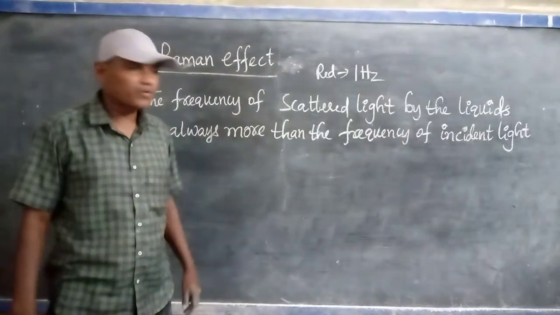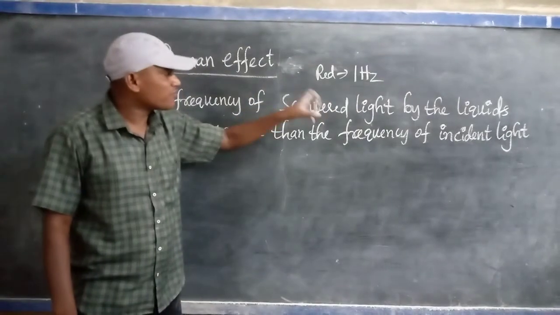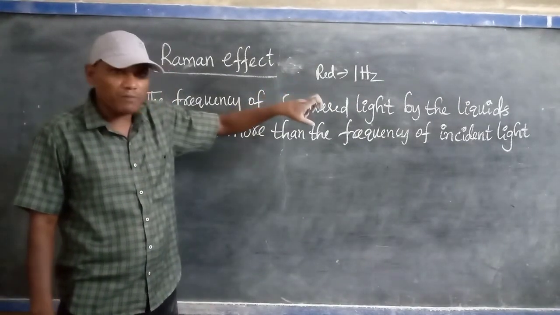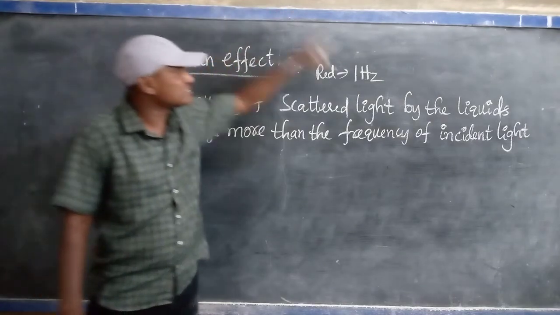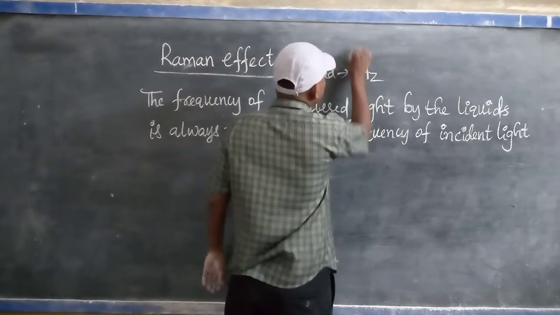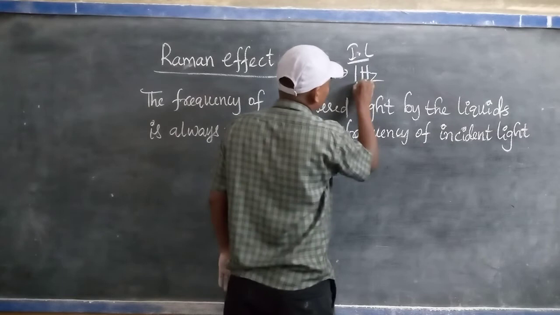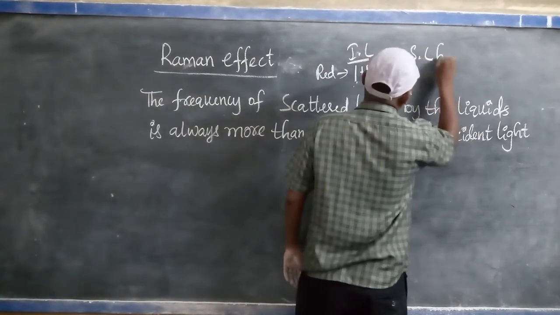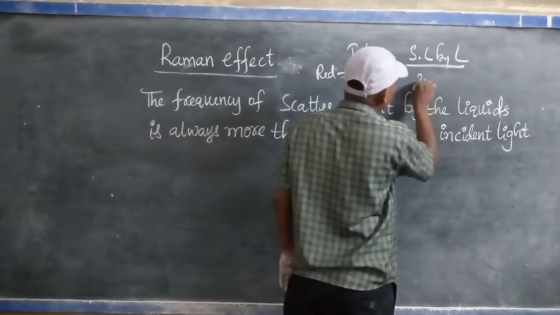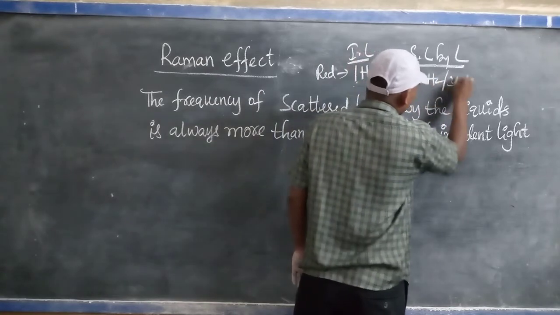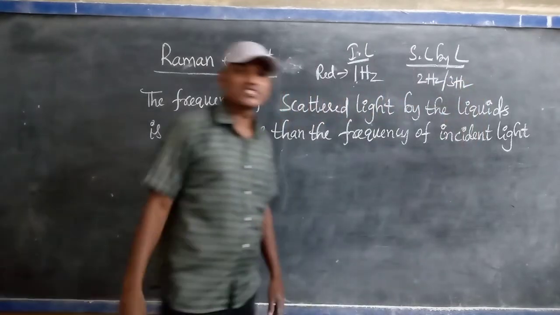At that time the liquid particles scatter the red light with a higher frequency than the incident light frequency, maybe 2 hertz or 3 hertz like this. That is the meaning of that.